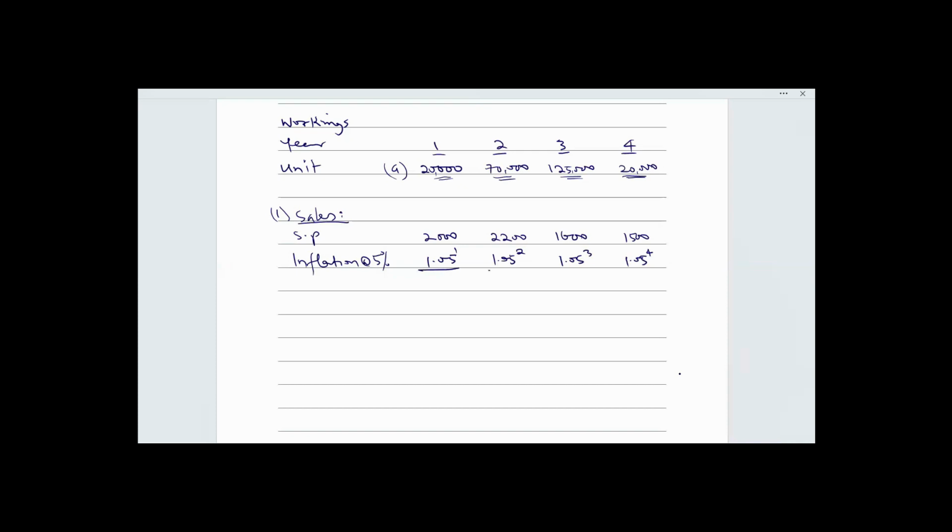So at this point, I need to determine my inflated selling price, which will be B. This is inflated selling price. So 1.05 raised to power 1 multiplied by 2,000. What do you get? 2,100. Thank you. I will say 2,100.